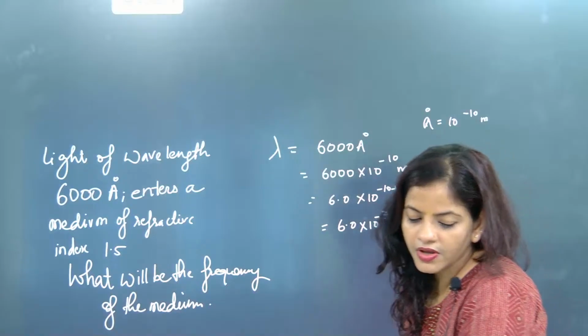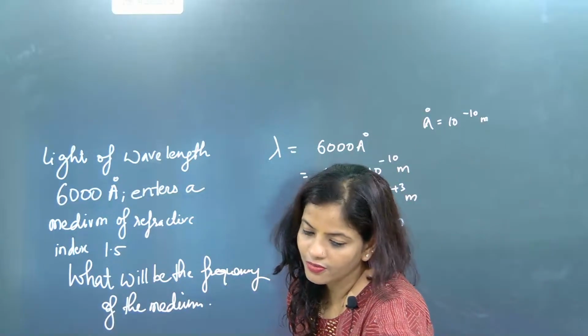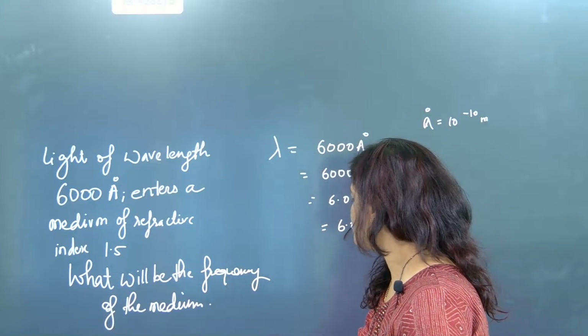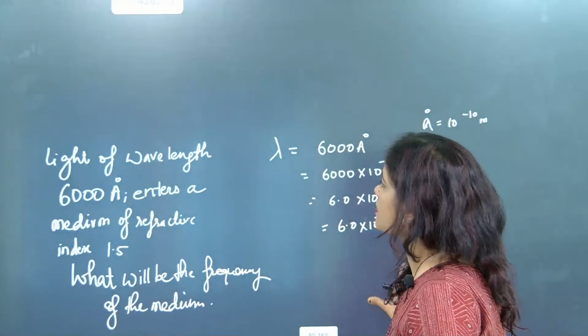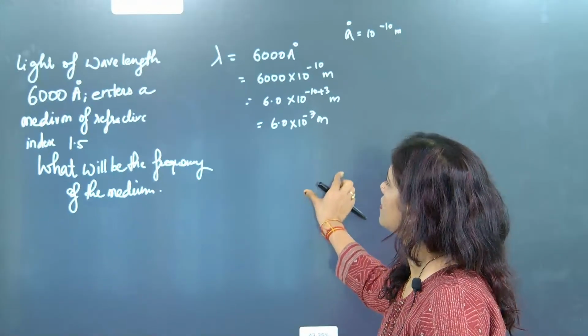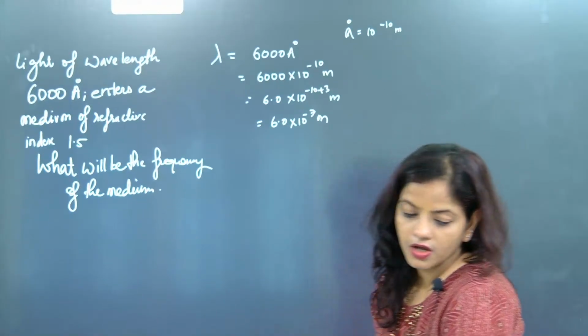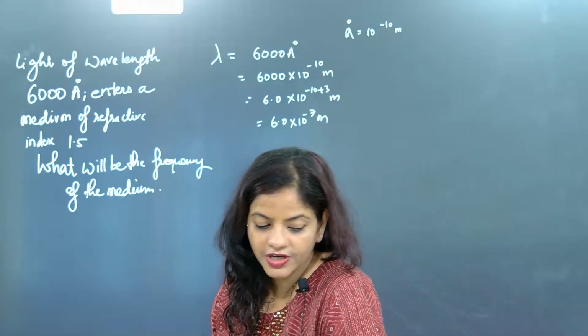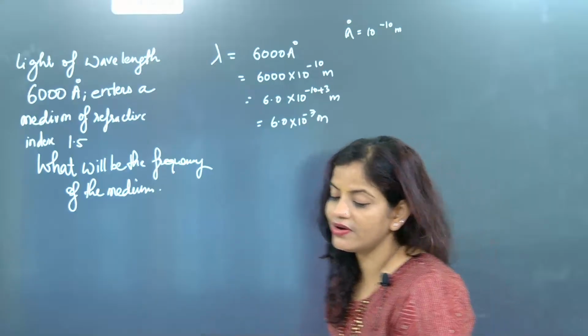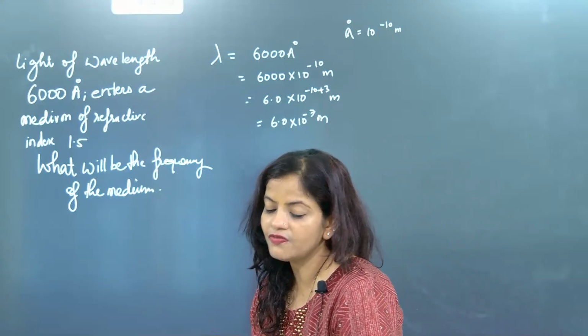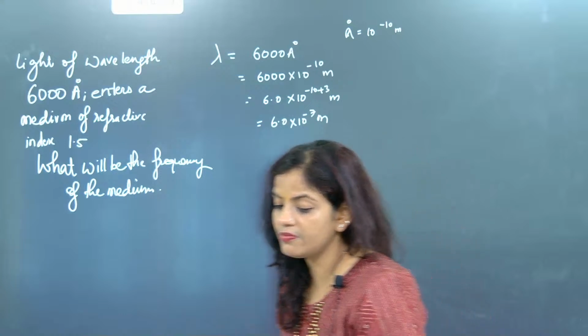Now here we have to use our formula. So after getting wavelength, now we need to find the frequency. Velocity of light I have already discussed. Velocity of light is 3 into 10 to the power 8 meter per second.